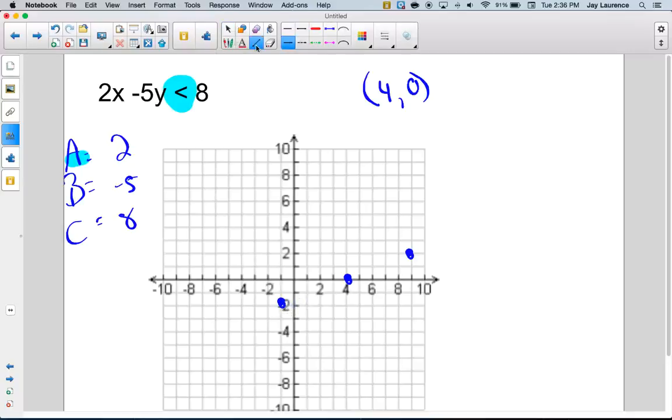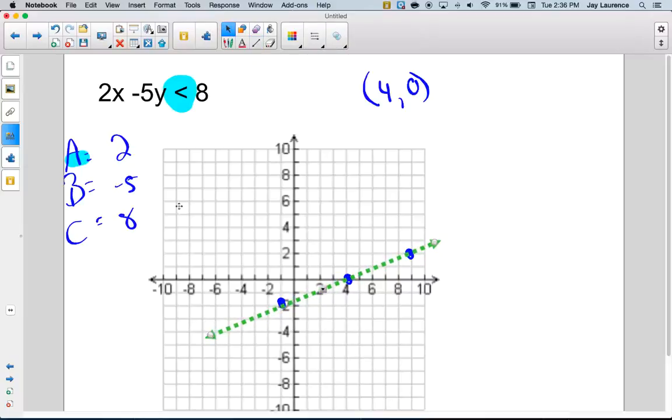There we go. Now it's not equal to, so I'm going to use a dashed or a broken line. Make him a little bit longer.